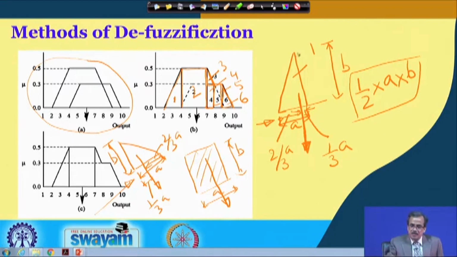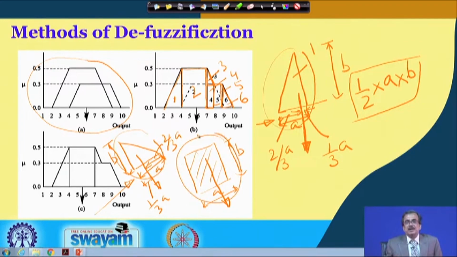So, either we have this type of triangle, or this type of triangle, or this particular rectangle, and we can find out for each of these subregions what is the area and what is the center of area.